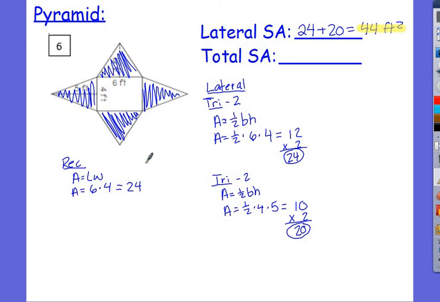How many sets of those do I have? 1, so that's done. Now, what do I do to get the total surface area? Add them all together, or I could take my lateral, 44, add my base, 24, and that gives me 68 feet squared is the whole total surface area.